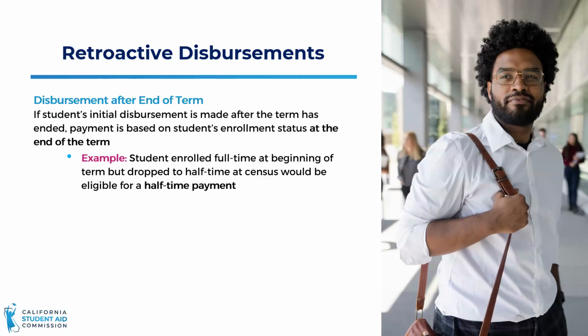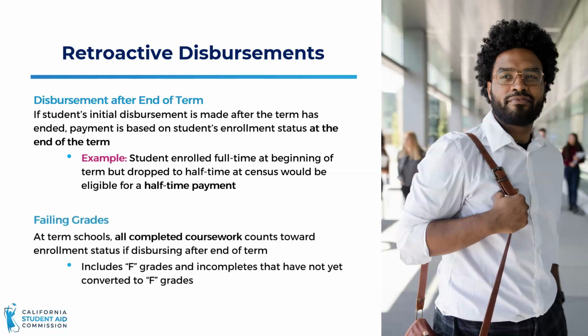So even if they were enrolled, say, half-time at census, but they were enrolled full-time at the beginning of the term, you're going to pay them based on their half-time census status. They're not going to be eligible for full-time since they were full-time at the beginning of the term. They would be eligible for half-time.